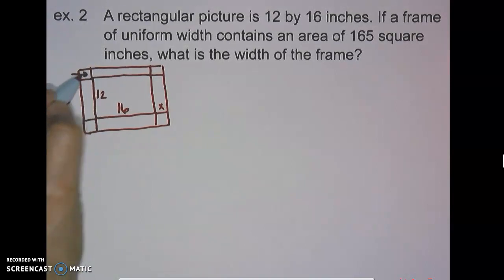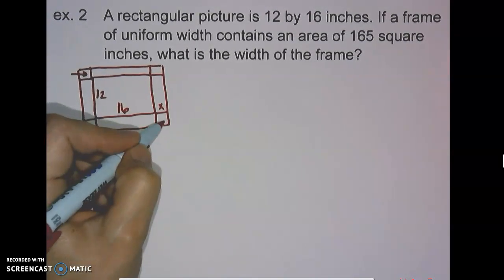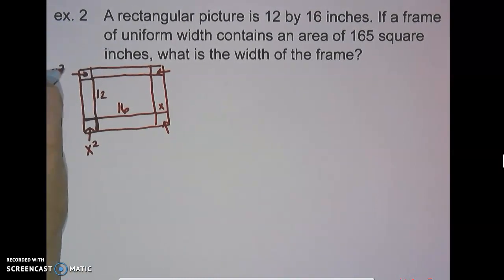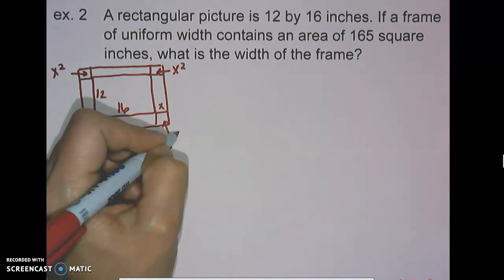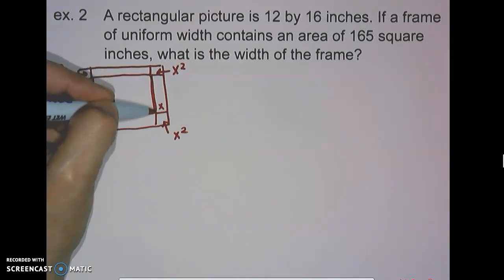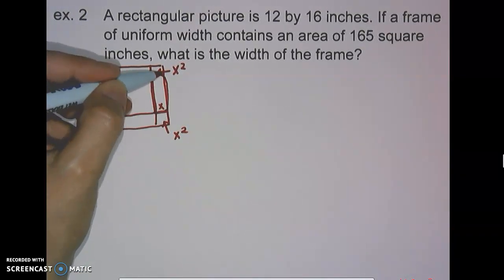So these 4 corners, the area of each of those rectangles would be x times x, or x squared. So all of those are x squareds. This rectangle on the left and this rectangle on the right are both going to have the same area.